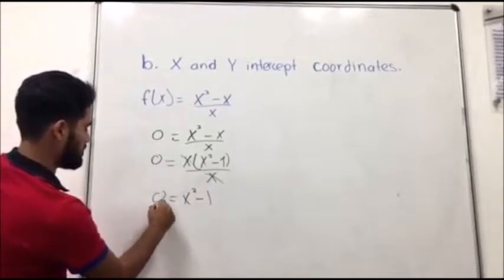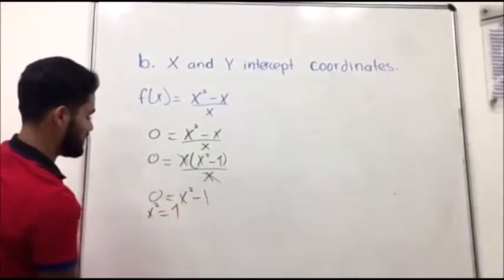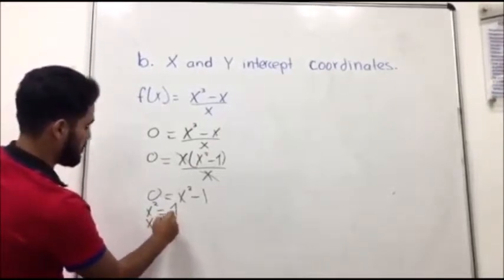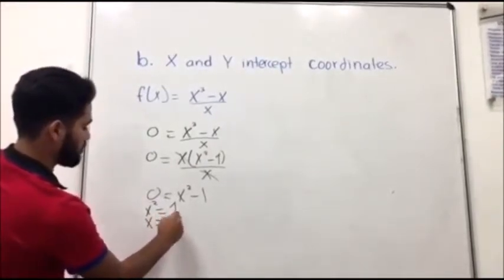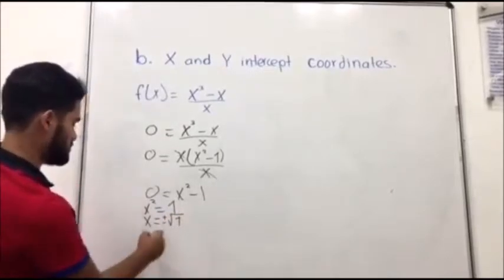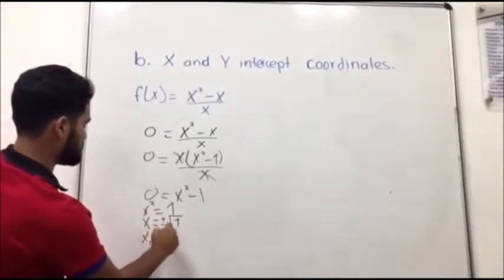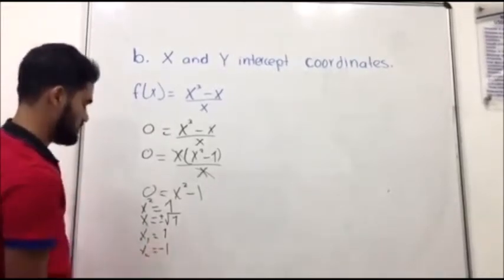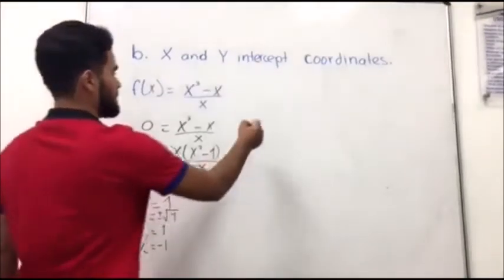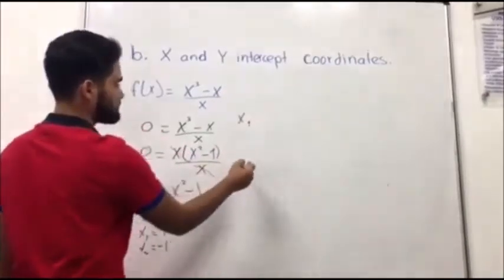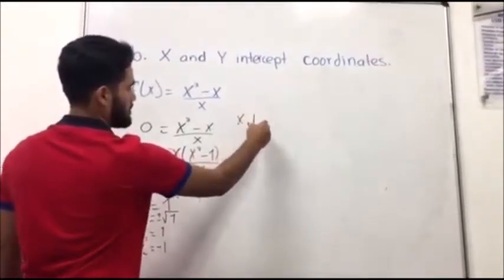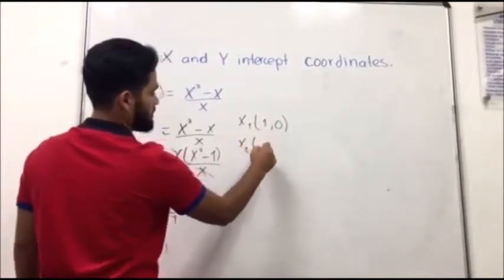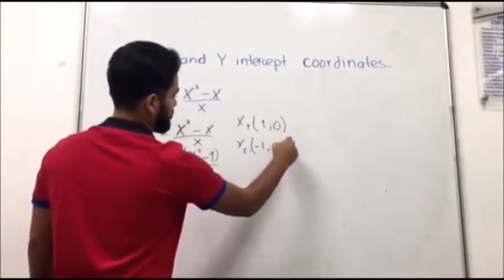So x squared is equal to positive 1, and x is equal to plus or minus the square root of 1. So x1 is equal to 1, and x2 is equal to minus 1. So the coordinates are x1 is going to be (1, 0), and x2 is going to be (-1, 0).